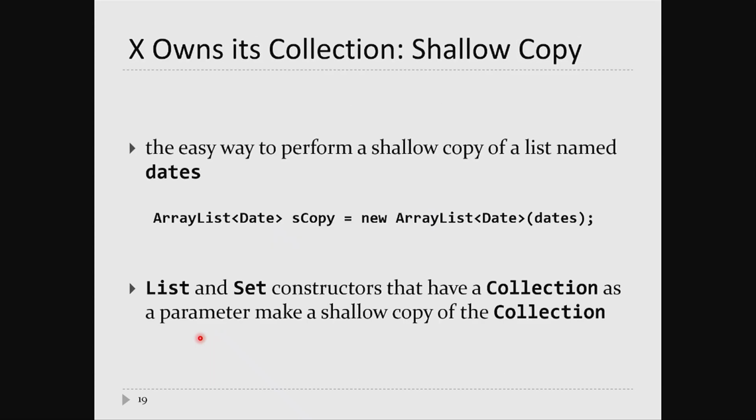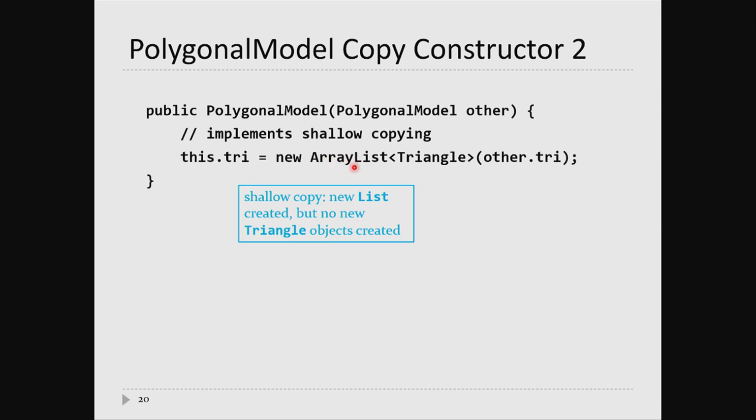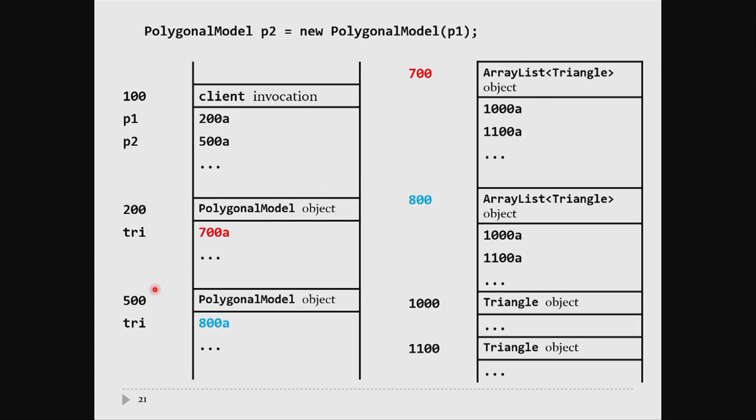So back here, we make a new list. That means this tri has to point to a different list than the copied object. So the original object's list is up here, and the copied object's list is right here. But everything in the two lists is identical.